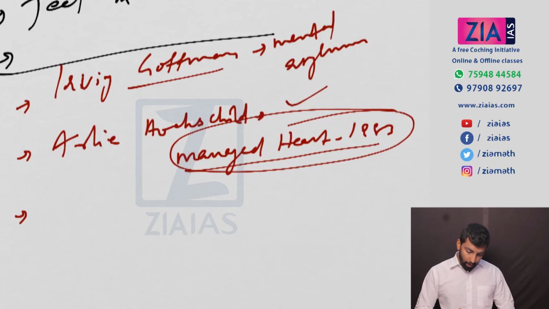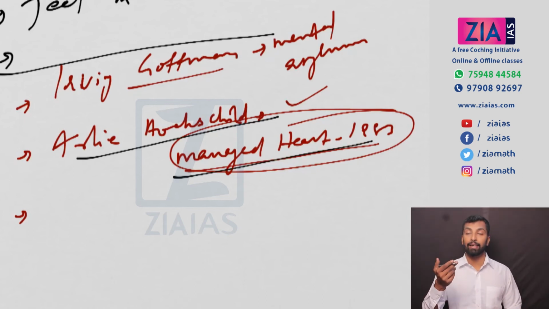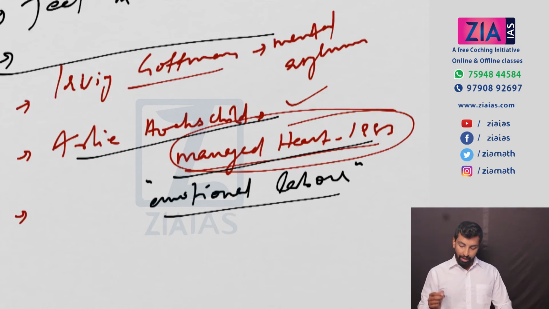So Arlie Hochschild in her Managed Heart, 1983, which is a study conducted in Delta Airlines, and she studied how the air hostesses are managing their emotions to serve the passengers better, and she termed this emotional labor. Okay, so emotional labor, these concepts are going to be very useful for you in some other chapters and topics also.